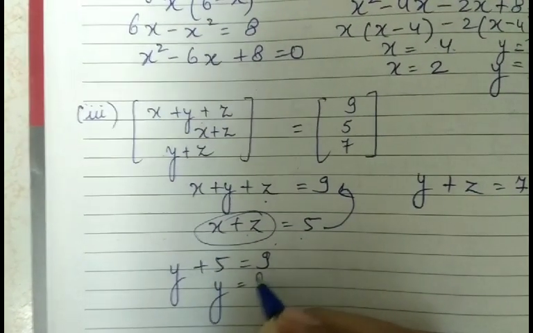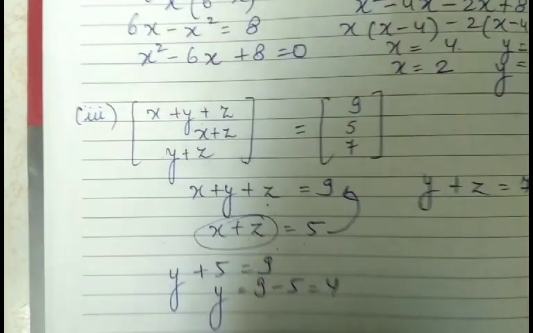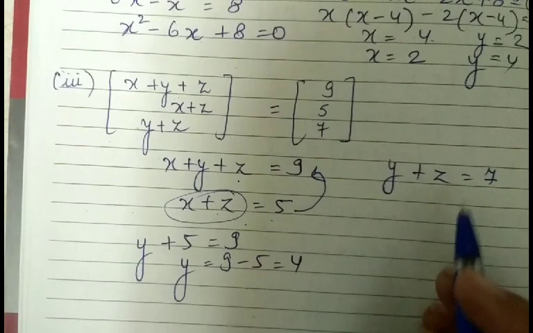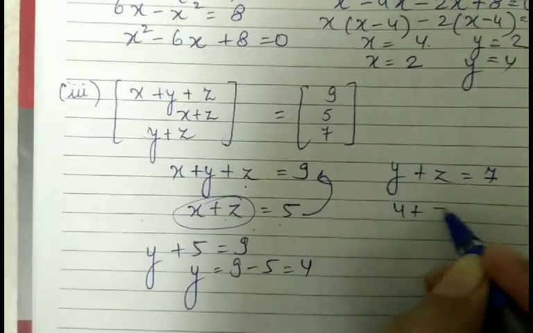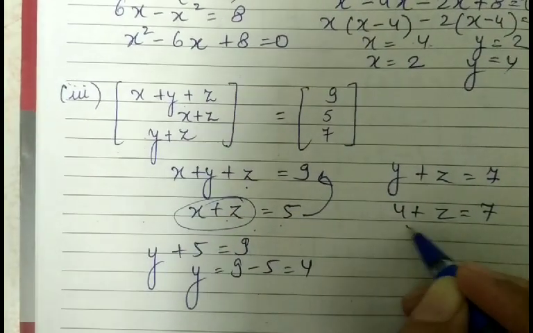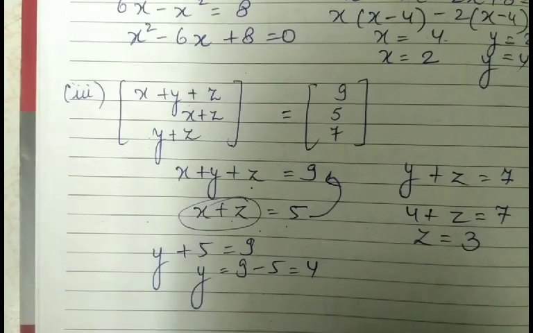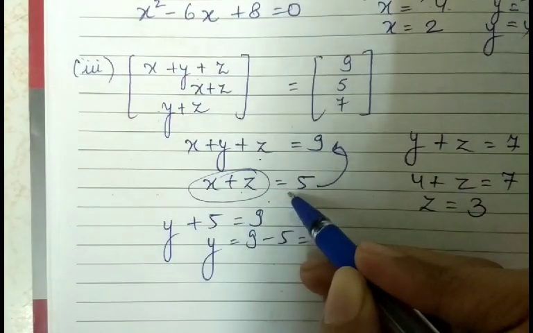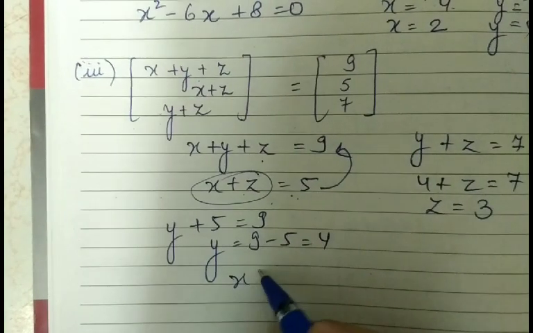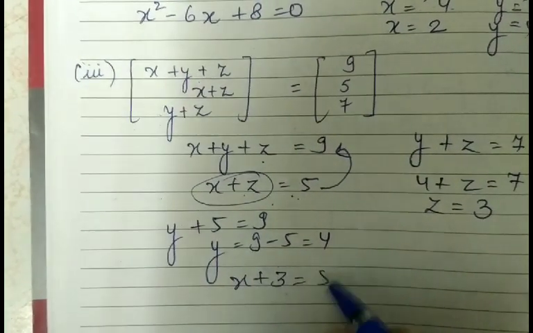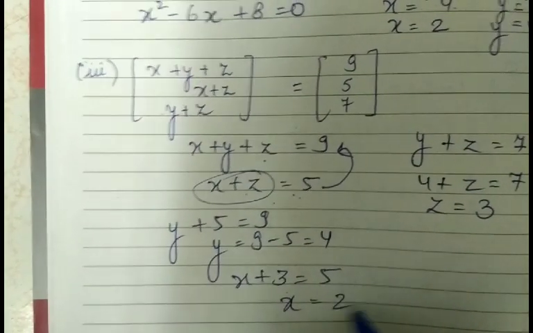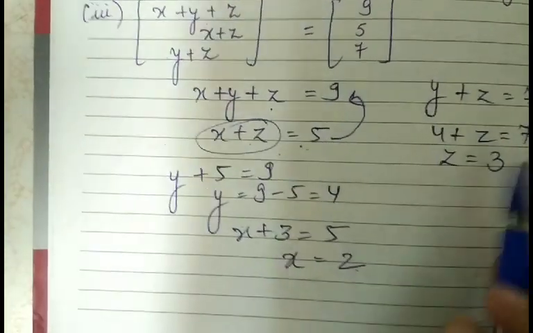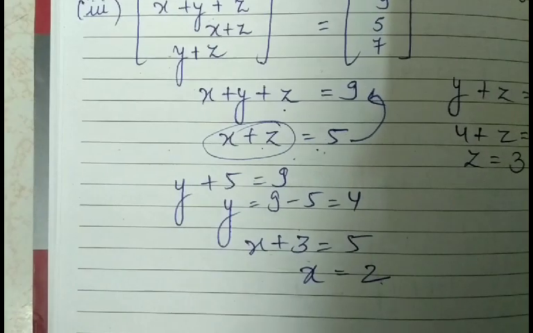So our y will be 4. When we got here value of y, put it in equation 3. 4 plus z equals to 7. So z will be equals to 3. Put the value of z equals to 3 in this equation. X plus 3 equals to 5. So value of x will be 2. So we have found here values of x, y and z.